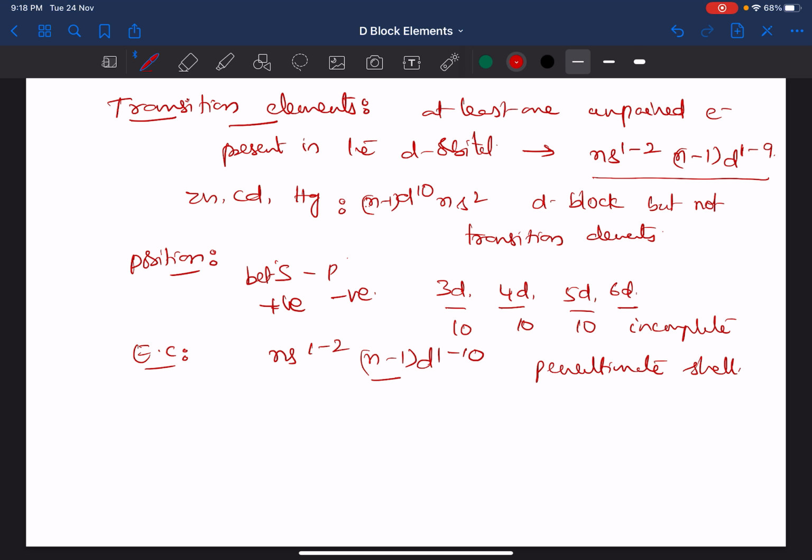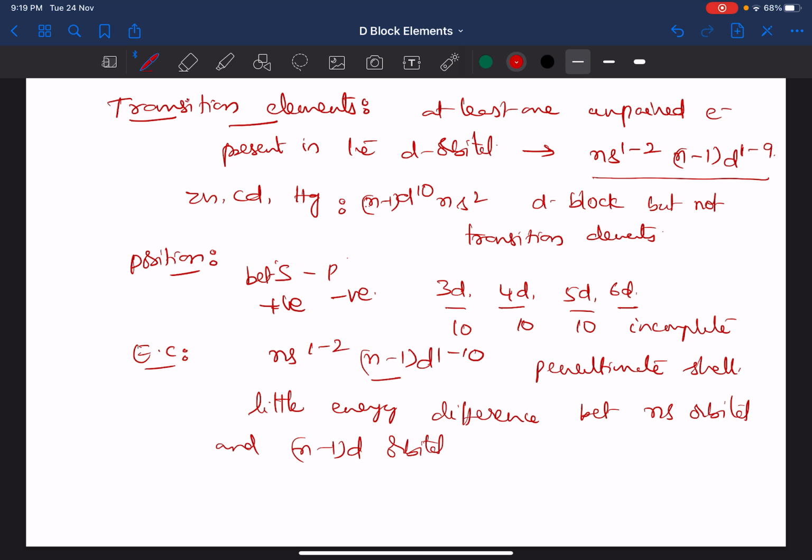There is a little energy difference between the ns orbital and the (n-1)d orbital. There is a very small energy change between the ns orbital and the (n-1)d orbital.